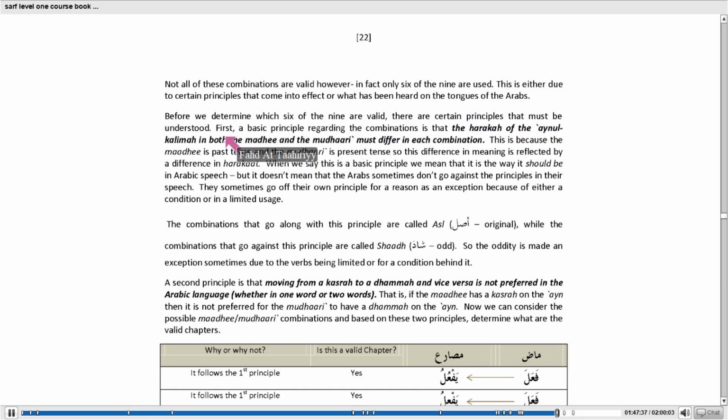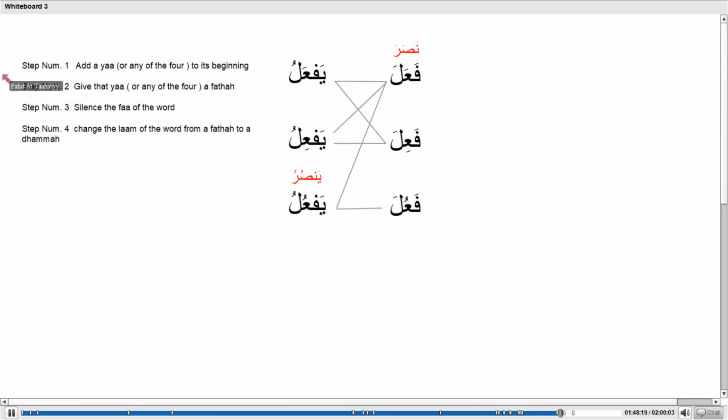Okay, with these combinations. First, a basic principle regarding the combination is that the haraka of the ayn al-kalima in the madi should be different than the haraka of the ayn in the mudari' it is combined with. واضح؟ يعني let's go back to this chart here, or this drawing here.